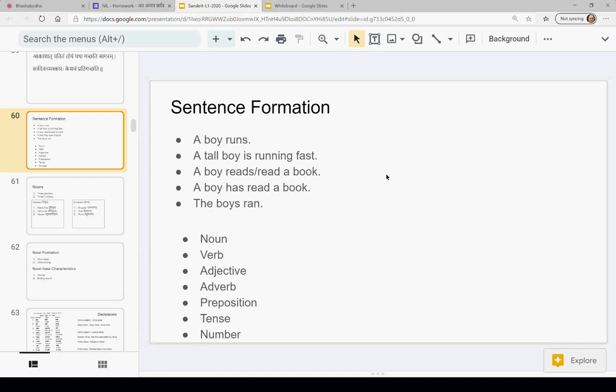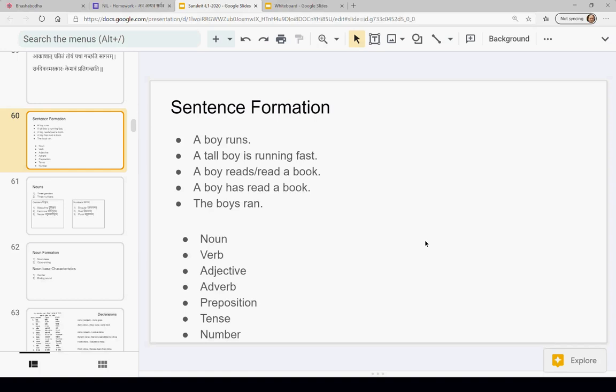Similarly, in Sanskritam also, we are going to study this formation of sentences, where these additional roles are played by different words.